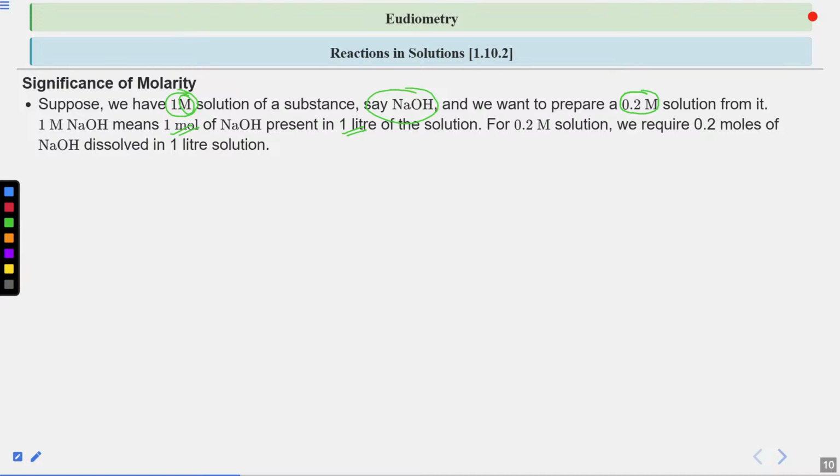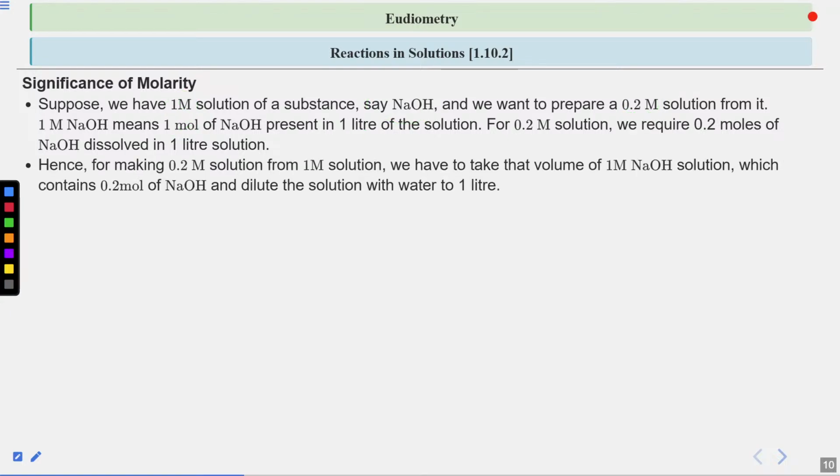Suppose someone asks you to convert a solution whose molarity is 1 M to a solution whose molarity is 0.2 M. How will you do it? Let's see that. Suppose I am doing this in the lab. Then what we will do is we will take 0.2 molar solution.